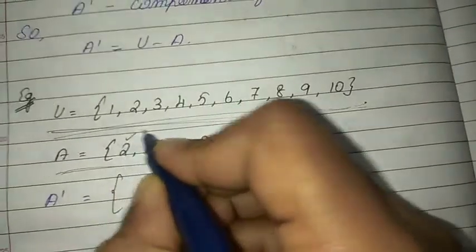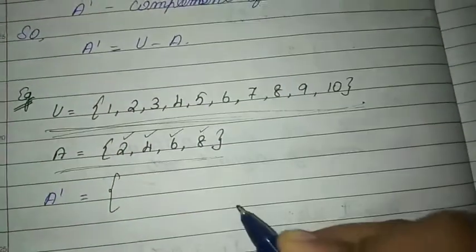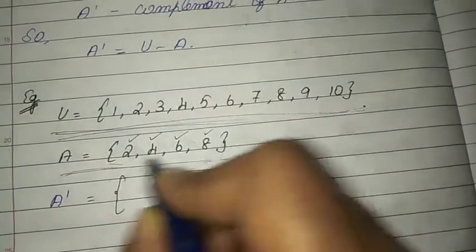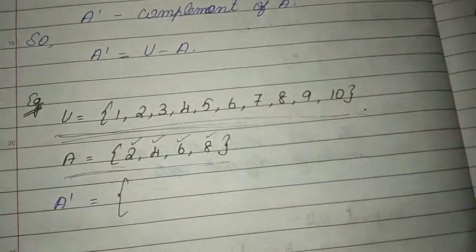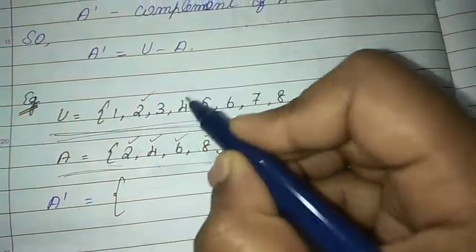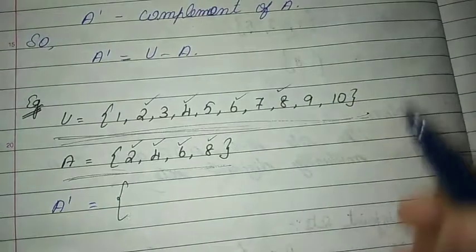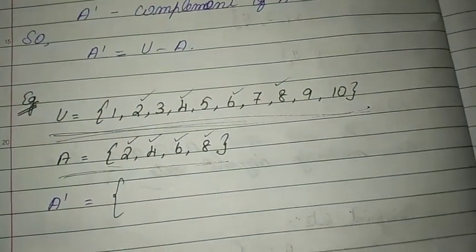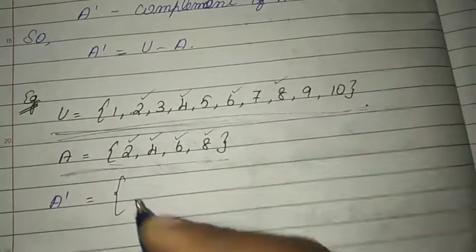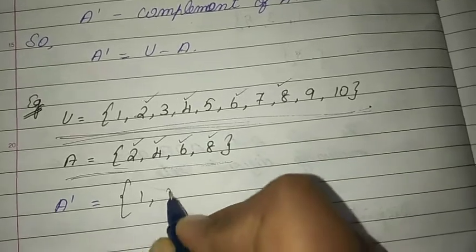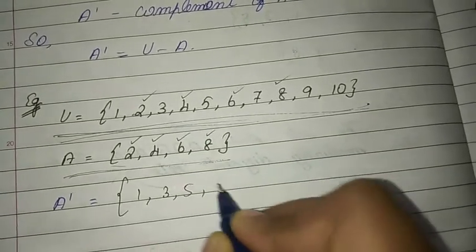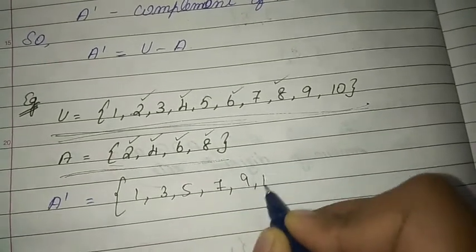Now let's get started. 2, 4, 6, 8 are present over here in A, so we have to leave all those elements in the universal set. That is, 2, 4, 6 and 8 will be rejected from the universal set, and we will be writing 1, 3, 5, 7, 9 and 10.